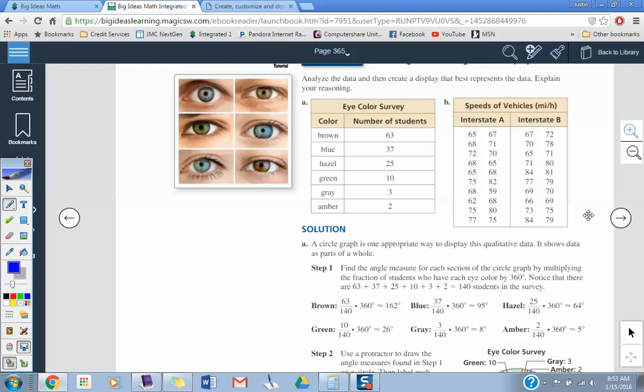So right here we have eye color survey. Over here in the left column it talks about the color of eyes that a sample size had and then how many or how frequently those occurred. So as I read this right here, blue eyes. How many people have blue eyes in that? 37. Okay. Now, are we showing this data in intervals? Are we showing it as a trend over time? Are we showing it in categories? How is that data represented?